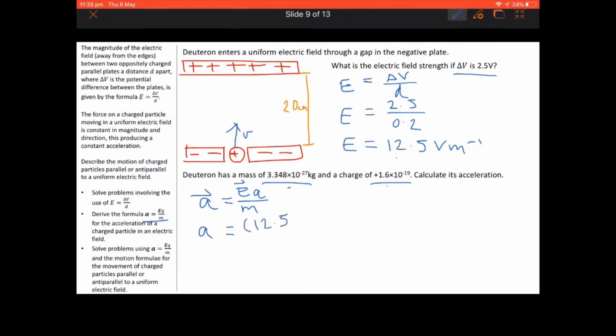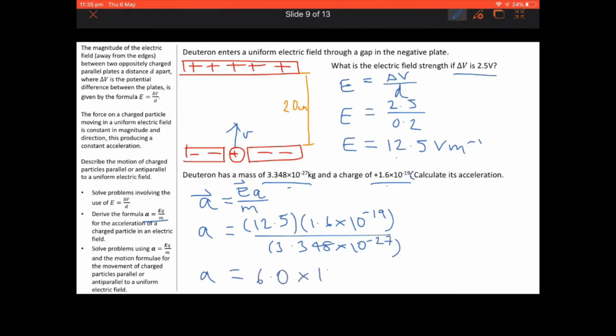The electric field is 12.5 volts per metre, the charge is 1.6 by 10 to the negative 19 coulombs, and the mass is 3.348 by 10 to the negative 27, and therefore our acceleration will be 6.0 by 10 to the 8 metres per second squared.